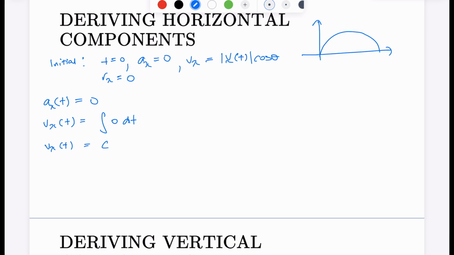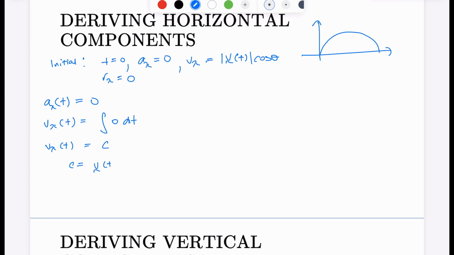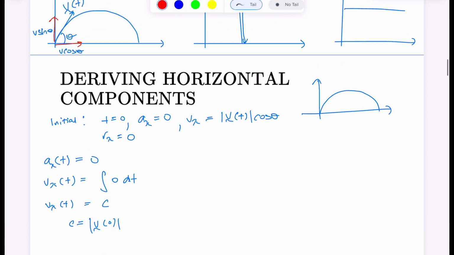When t is equal to 0, we said initially our velocity is given to us by this equation here. So when I plug in 0 for t, and this is where the function notation is a little bit confusing, my c value will come out to be my v of 0, which denotes my initial launch velocity.